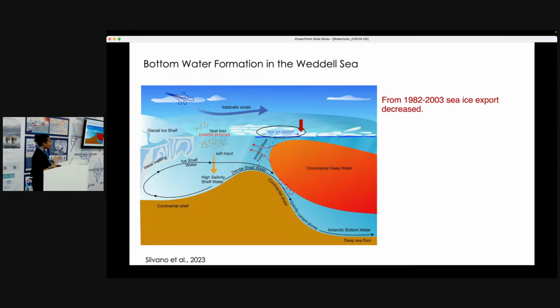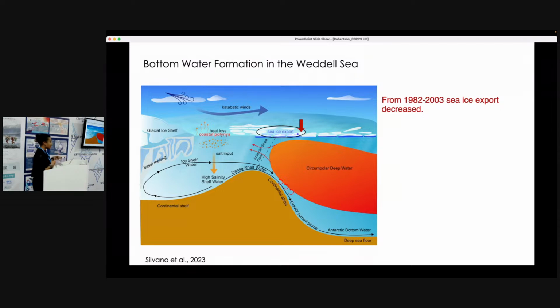So talking a little bit about how Antarctic bottom water is formed, you see in red this circumpolar deep water moving towards the ice sheet. And as this circumpolar deep water moves towards the ice sheet and interacts with these open areas of ocean free of sea ice called coastal polynyas, it exchanges heat with the atmosphere, causing freezing of sea ice.